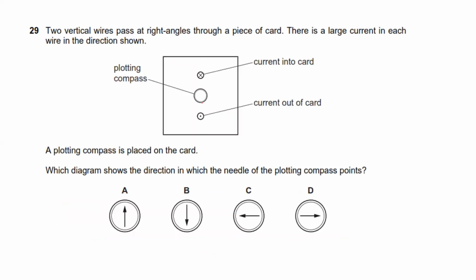Next question, question 29. It says two vertical wires pass at right angles through a piece of card. There is a large current in each wire in the direction shown. So this is current into the page and this is current out of the page. Plotting compass: remember, if you use your right hand thumb rule, the magnetic field lines will be something like this across this.